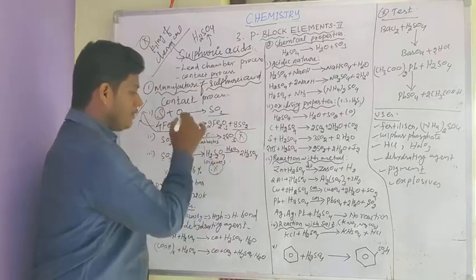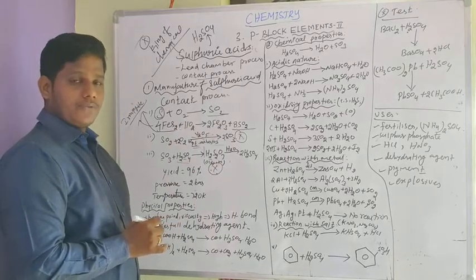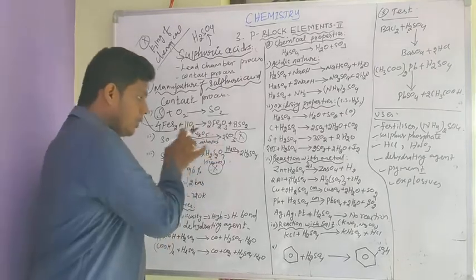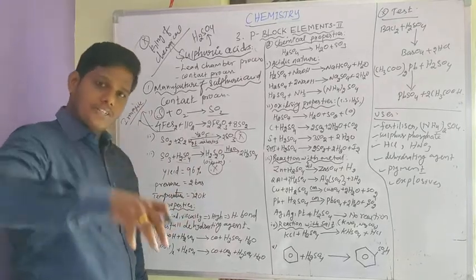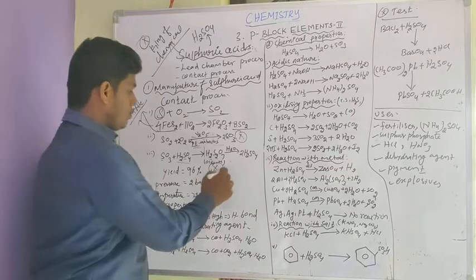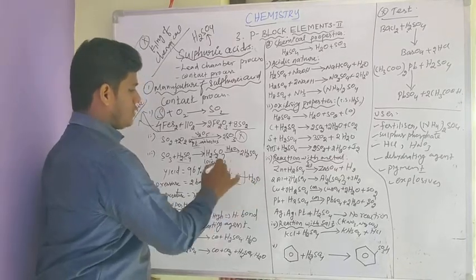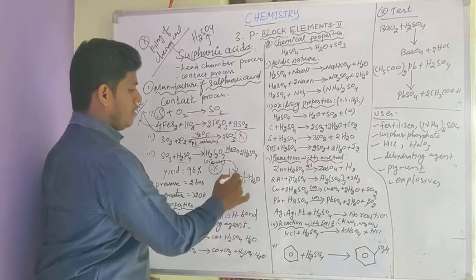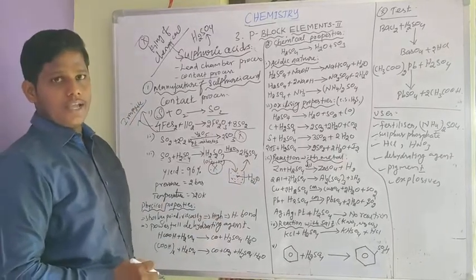This is oleum, a very important compound, and it is the final product of the contact process. This oleum is then dissolved in water, H2O, to produce sulfuric acid, H2SO4.